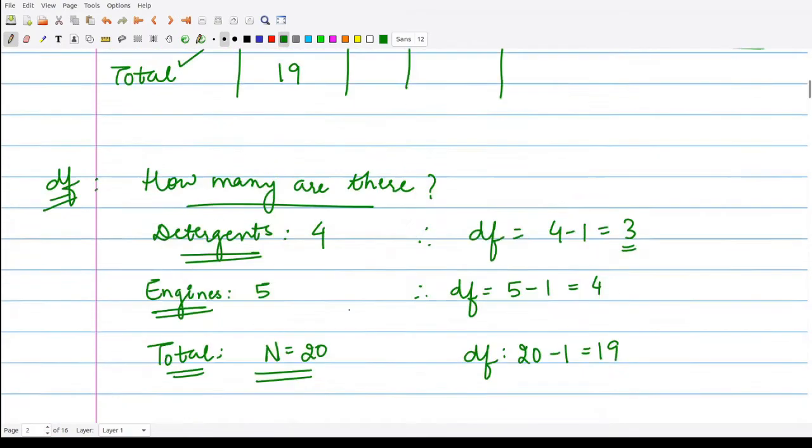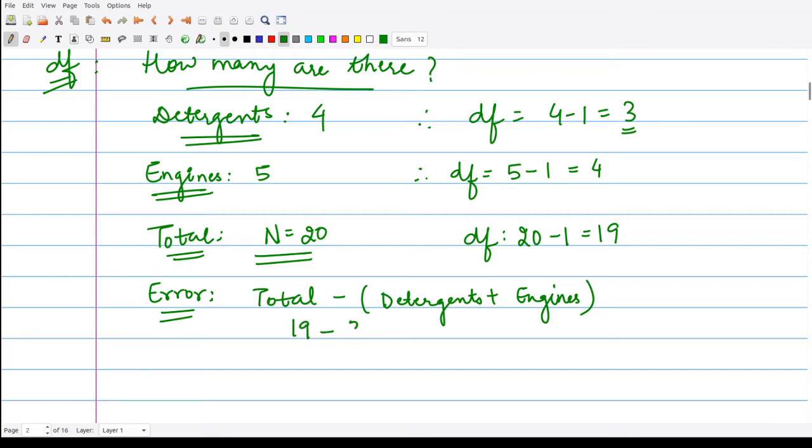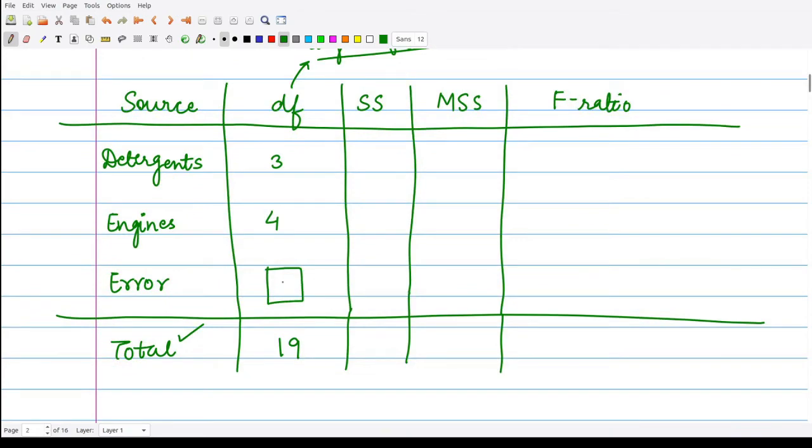Now in order to calculate for error, what can we do? We can calculate it as total minus the degree of freedom for detergents plus engines. So we have 19 minus 3 plus 4, so 19 minus 7, that is 12. So this is your degree of freedom for error.